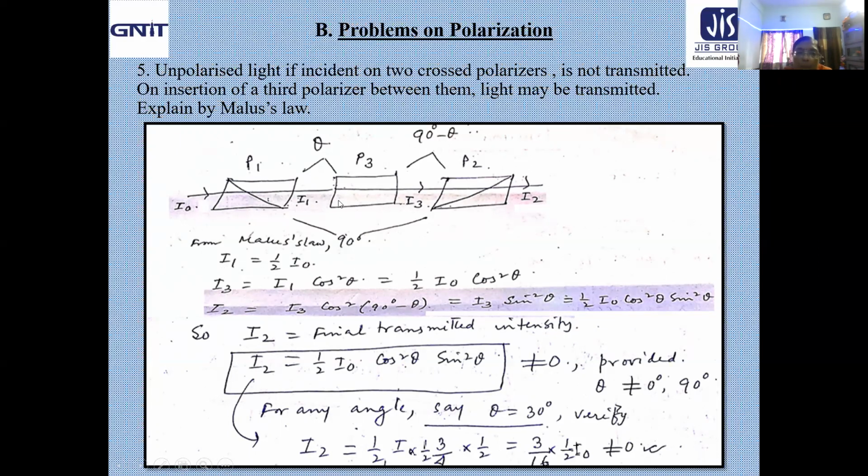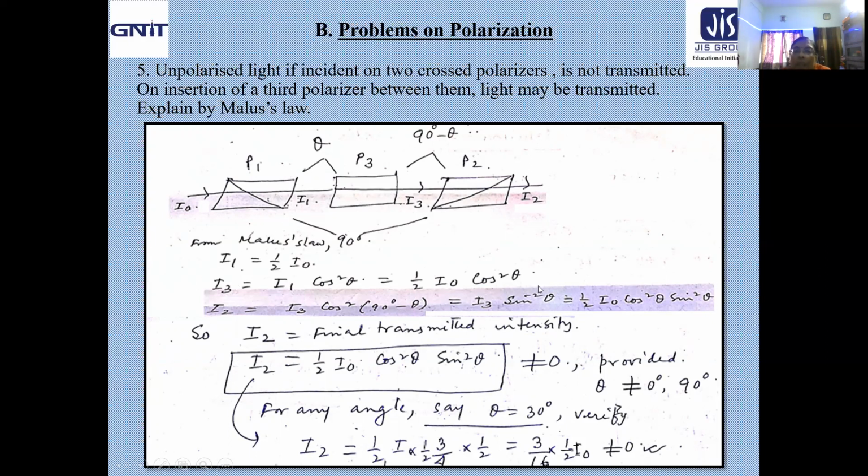Now this I1 will pass through P3 to give I3. P3 is kept at theta with respect to P1. So according to Malus's law, I3 equals I1 cos square theta, that is half I0 cos square theta.